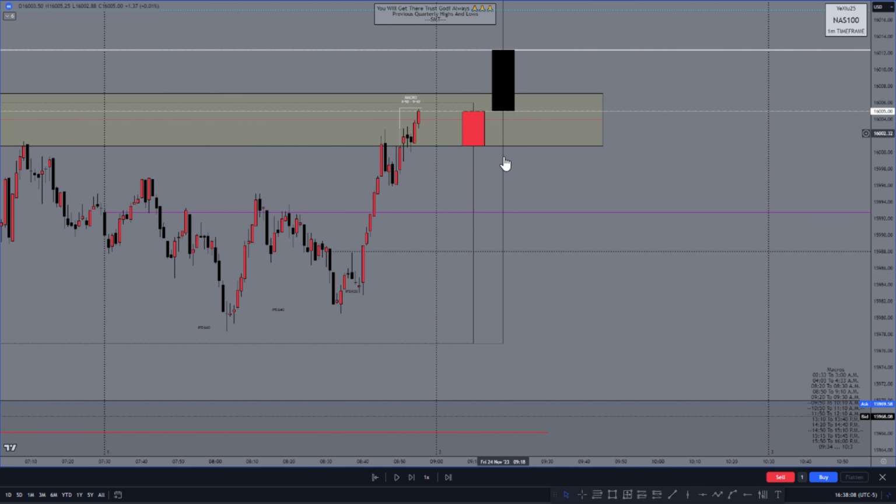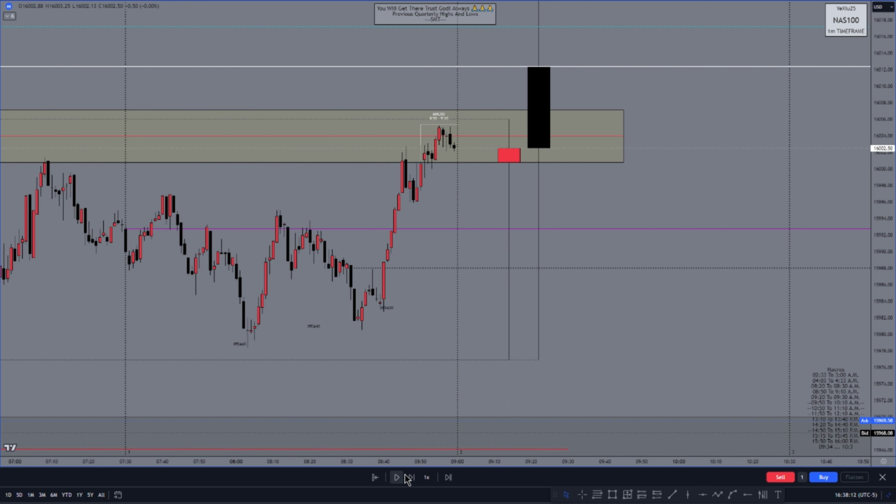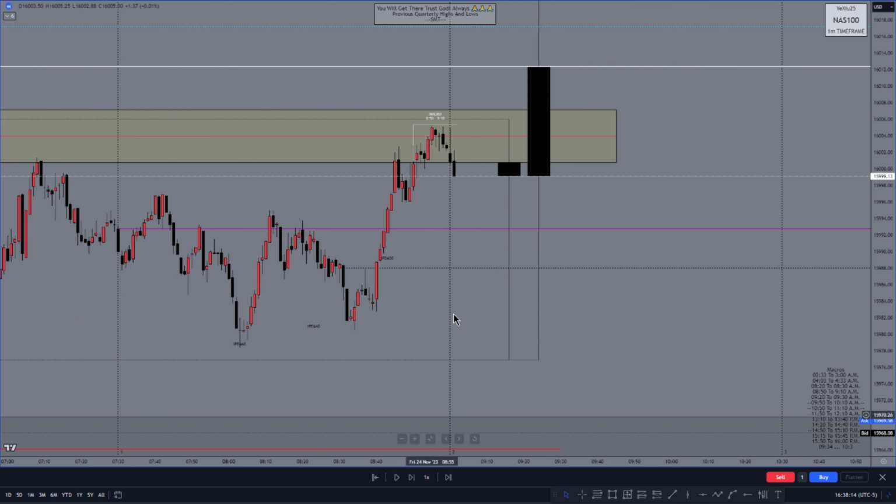Consequent encroachment. We'll wait, just wait. Right there, look at this. Now we have the inversion fair value gap, lower, this level, 50% level, and higher. Higher, lower, and midpoint, 50% level. So we have this breaker here, a little bit. This one is a breaker.